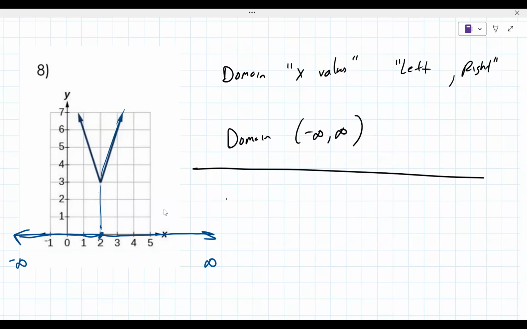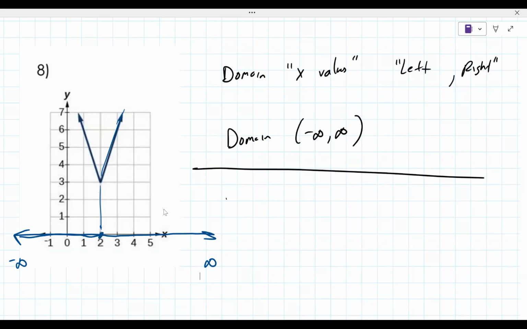I don't think any of the problems on this worksheet have it like that, where it only goes to a certain point. For all of them on the notes sheet, it does appear that you put the arrows on, or it's implied that it goes on forever. So the domain would be negative infinity, comma, infinity.